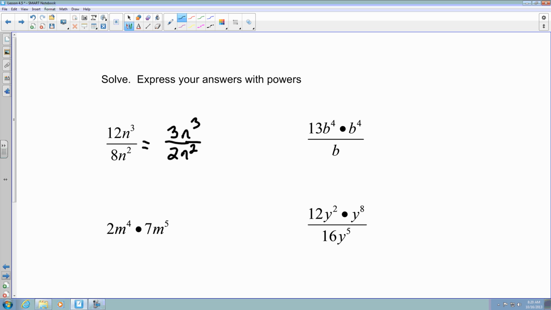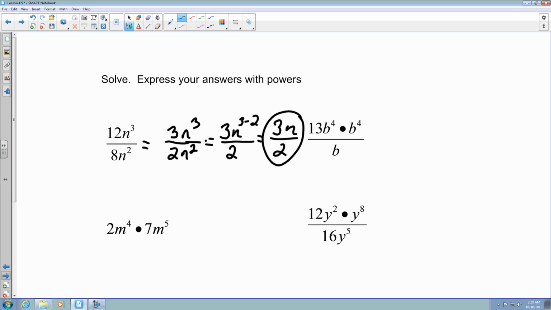Now that I've reduced those numerical values to lowest terms, we can look at the exponents with the same base. Since I have a base of n and I'm dividing, I can take n to the 3 minus 2, all over 2, which equals 3n to the first power, all divided by 2.